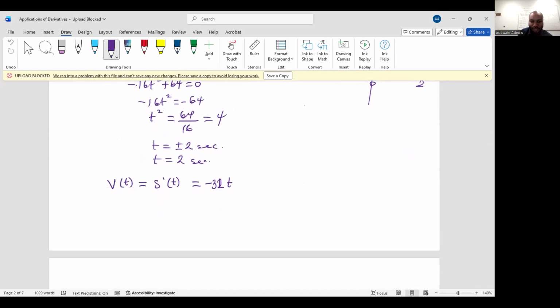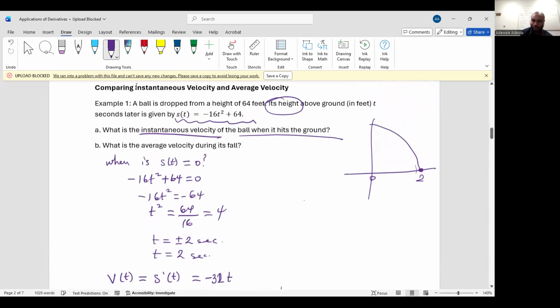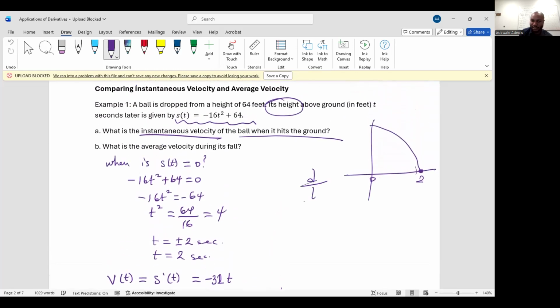Now at that instant of time, that is v of 2 when it hits the ground. So v of 2 is negative 32 times 2, which is negative 64 feet per second. That is the unit. Remember, distance over time, so feet over time, seconds.